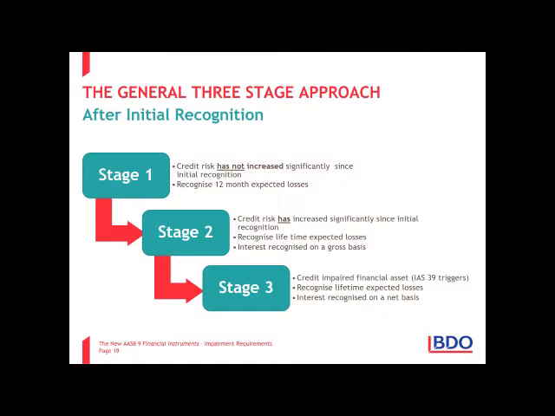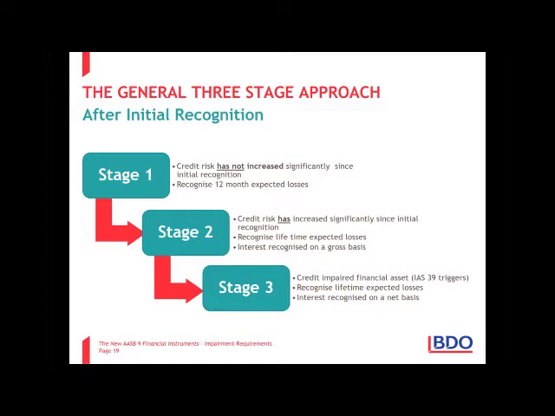Remember on the previous slide, we've said initial recognition, we'll look at 12-month expected credit losses. Therefore, after initial recognition, if there's not been a significant increase in credit risk, we continue to look at the next 12-month expected losses. So we're looking at the possibility of a default happening within the 12 months after reporting date.